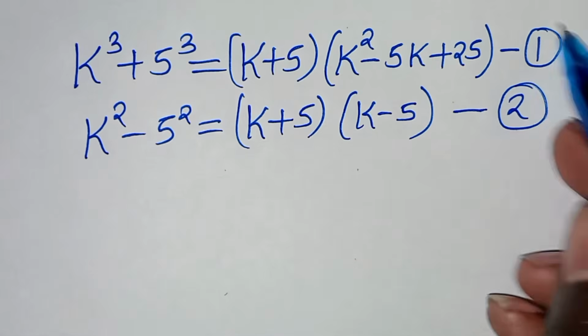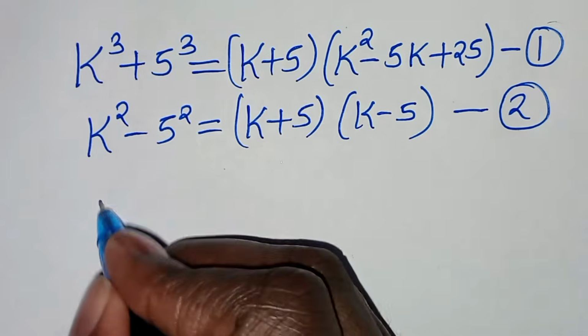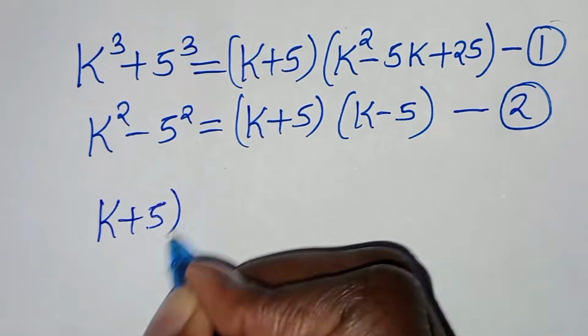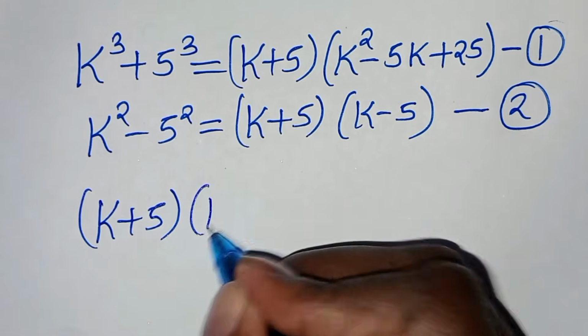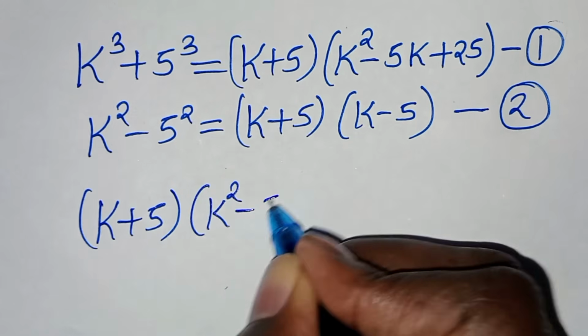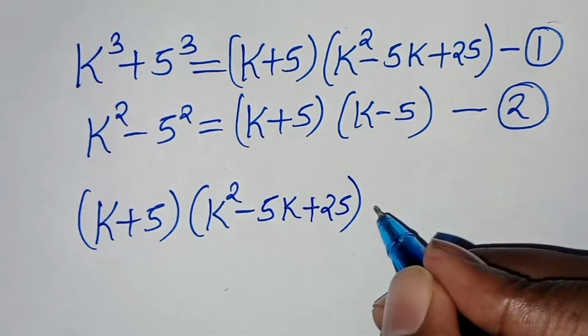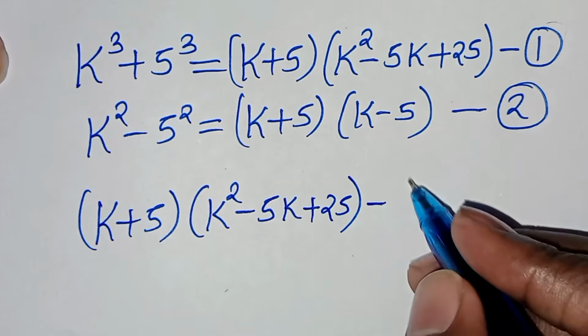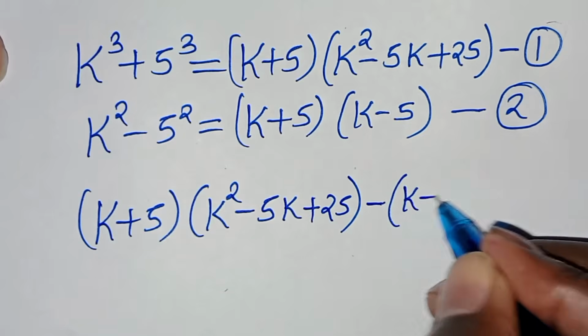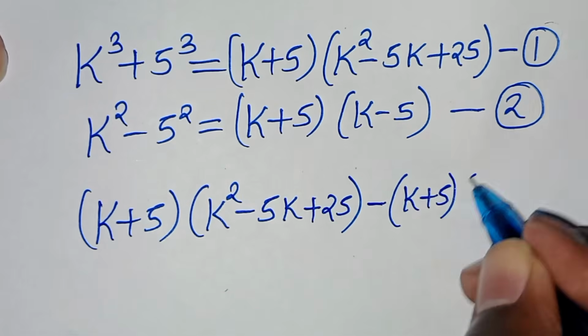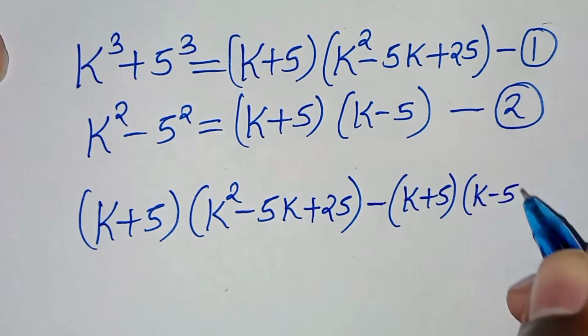Now let's combine equation 1 and 2. So we have k plus 5, then we have k squared minus 5k plus 25. Then subtract here, we have k plus 5, and then here we have k minus 5.